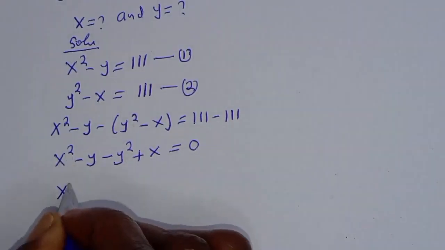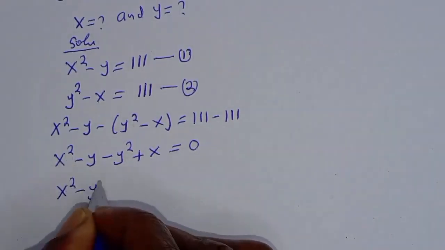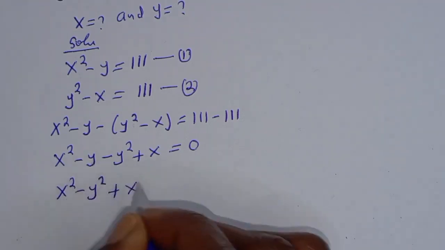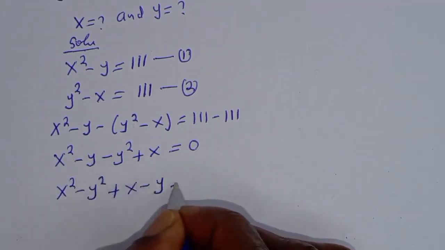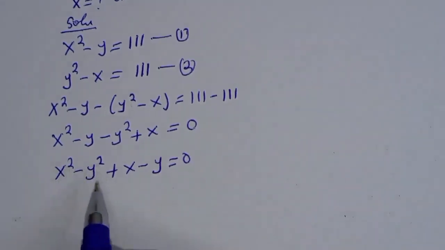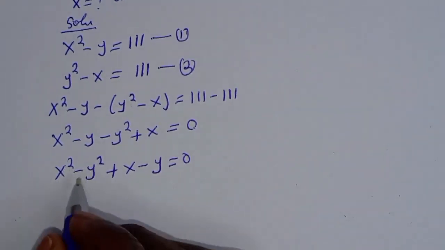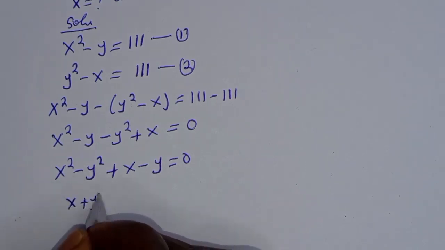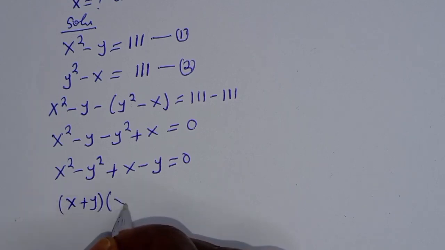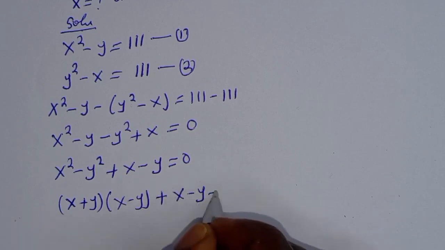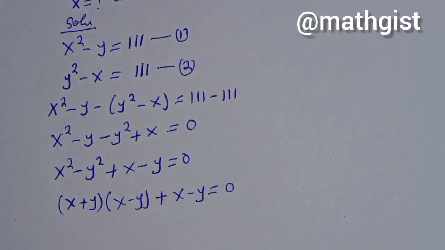This is x squared minus y squared plus x minus y is equal to 0. x squared minus y squared is in the form of a difference of squares, which can be written as x plus y multiplied by x minus y, plus x minus y is equal to 0.